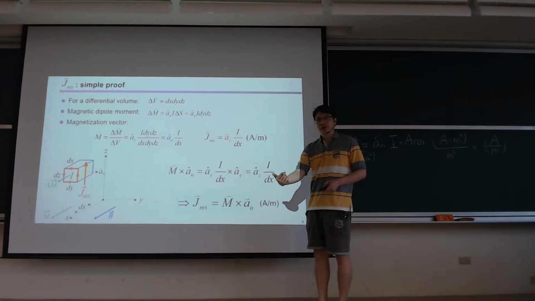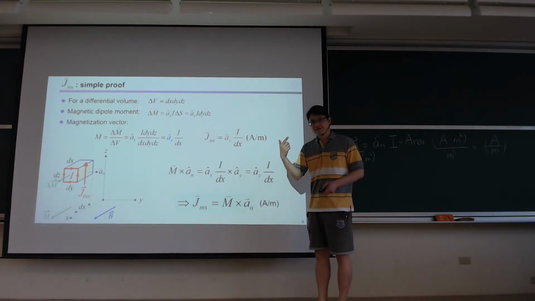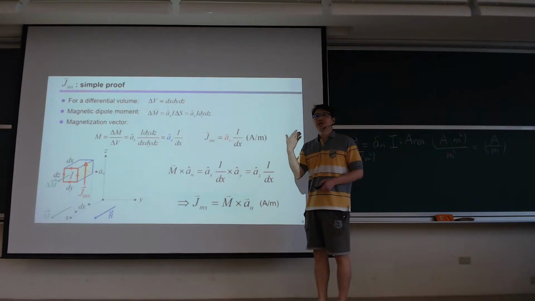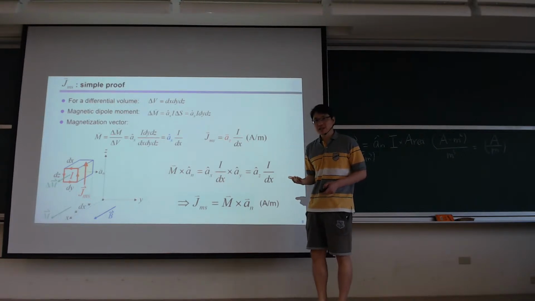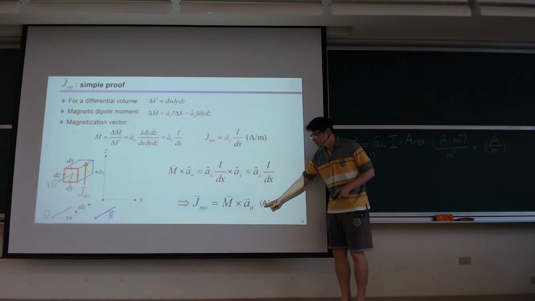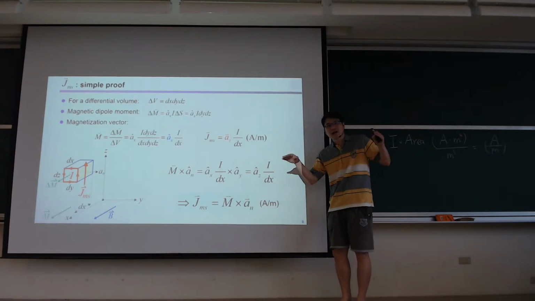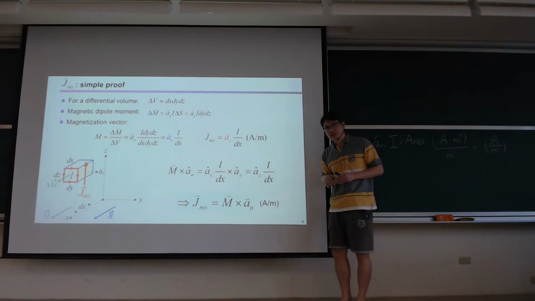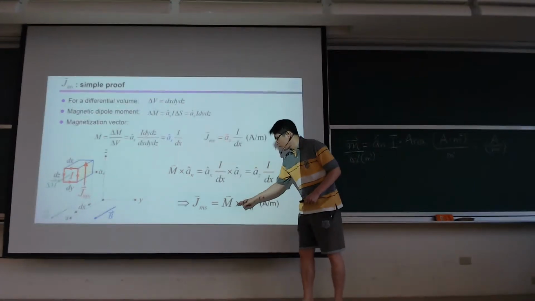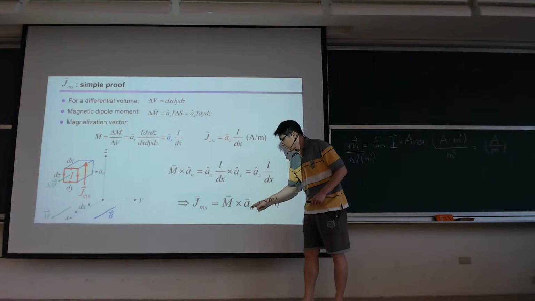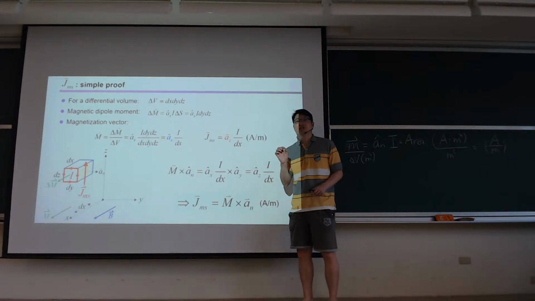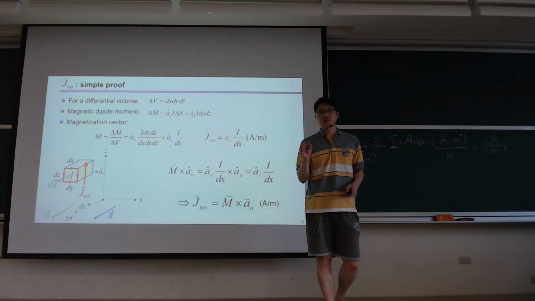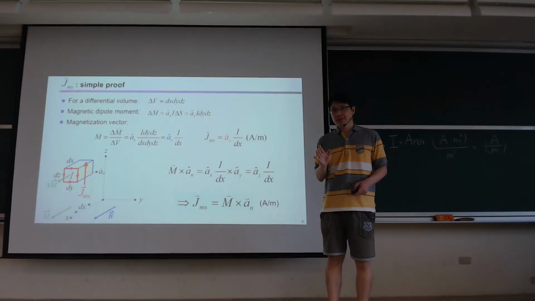So once you induce a magnetization vector, it produces the surface magnetization current density. Remember, its unit is ampere per meter, so it's more like a line current density. So this M cross a_n, where a_n is the surface normal, is indeed a valid description.